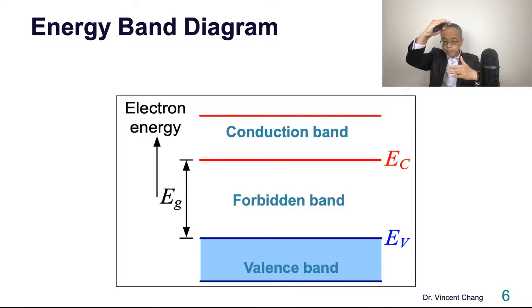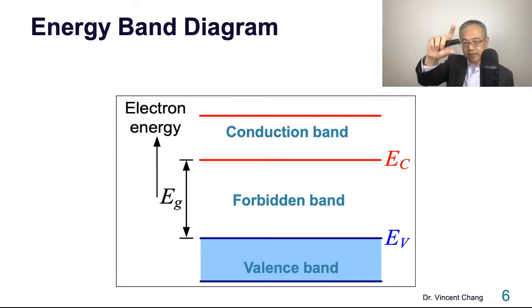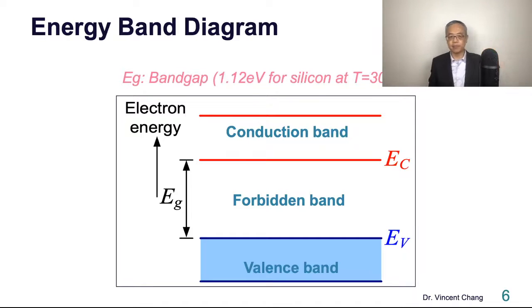In between, there's no solution. It's the forbidden area. This area is called the forbidden band, and the height of the forbidden band is called the band gap, or the band gap energy.